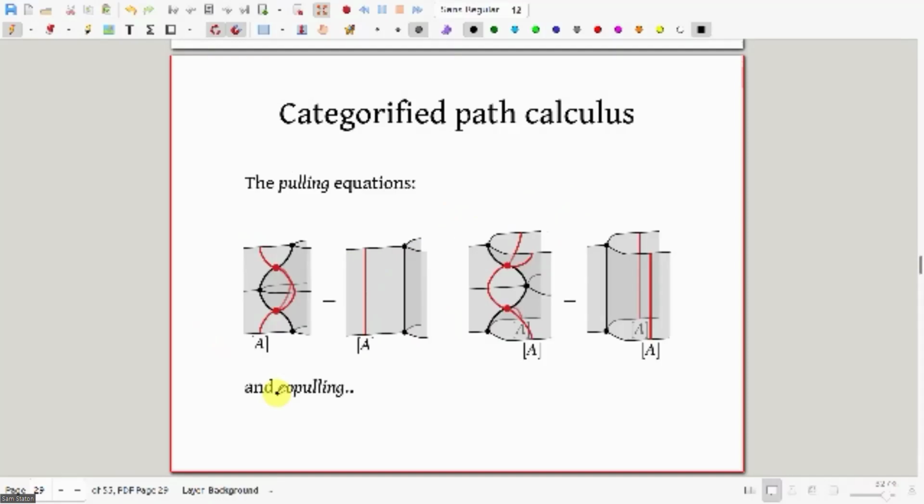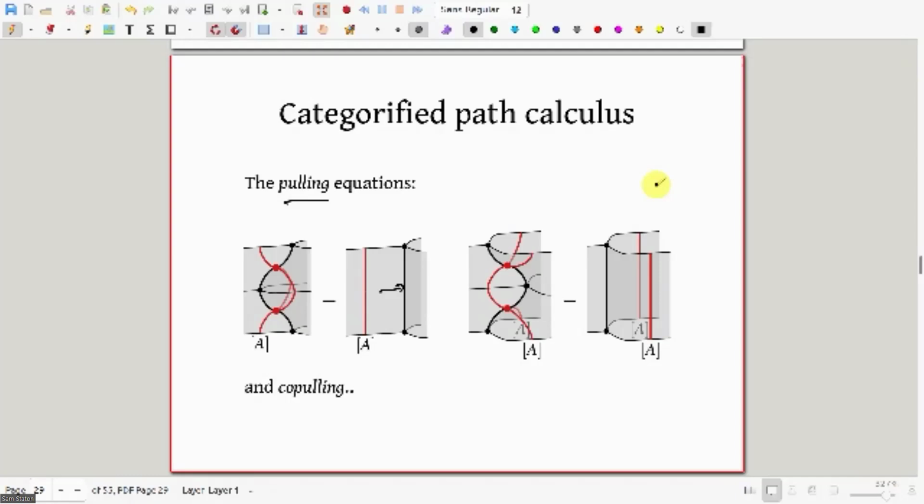So what does it look like when you draw the isomorphism equations? Well, I call these pulling equations. So you can pull a string onto a double sheet like that, or pull it off from a single sheet like that. And I guess co-pulling is when the double sheet is on the other side.